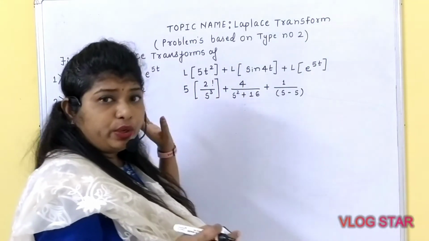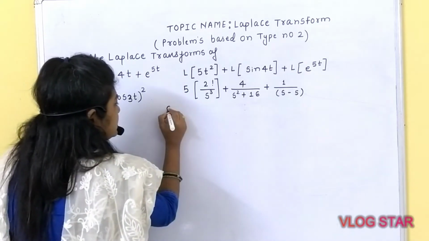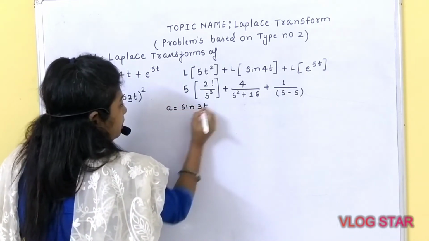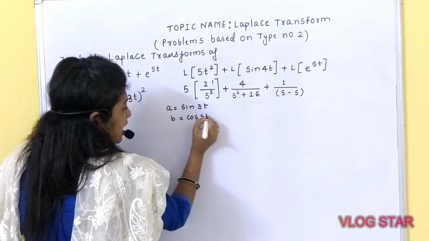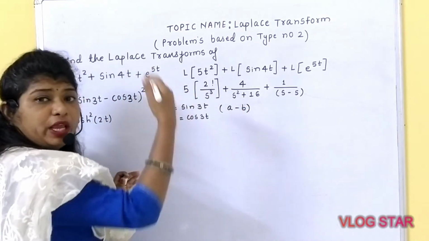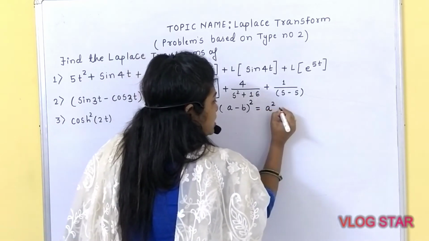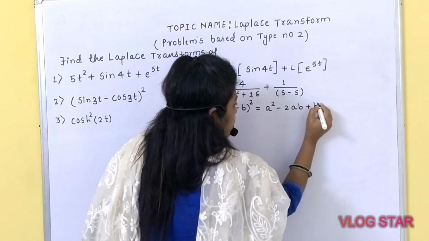If you equate with this particular function, a is equal to sin 3t and b is equal to cos 3t. As I told you, we need to apply (a minus b) whole square, which is equal to a square minus 2ab plus b square.